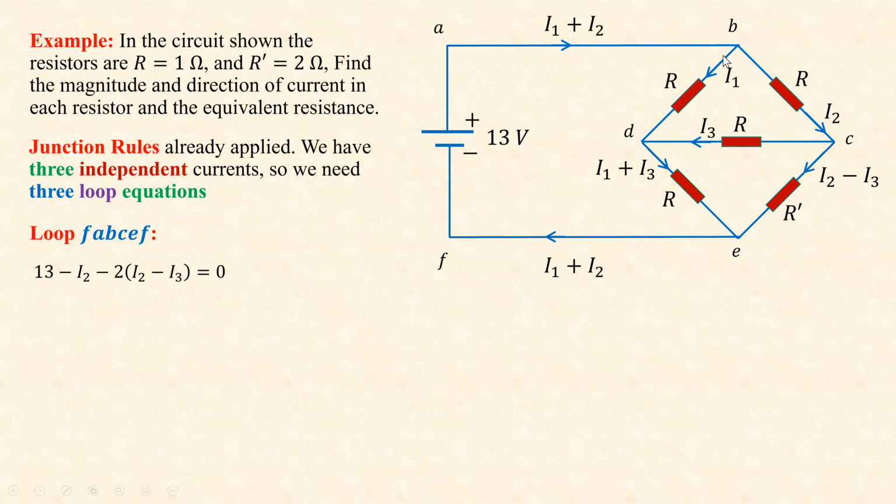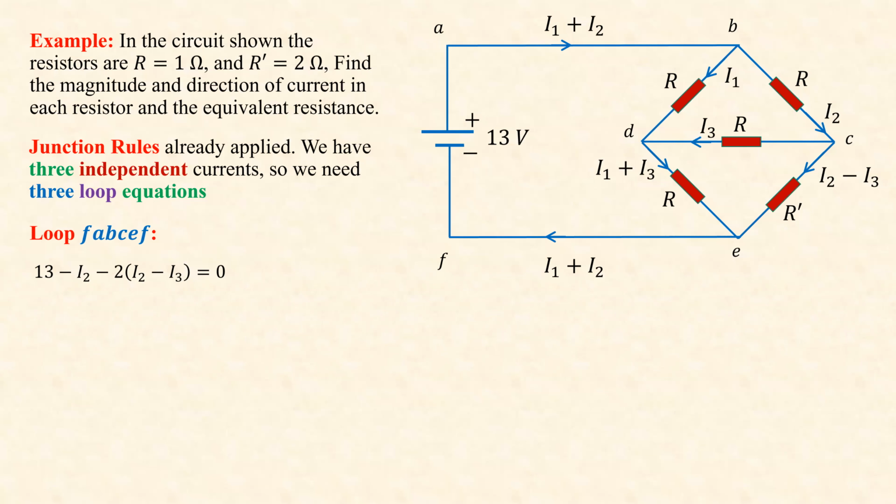So 13 minus I2, and then minus 3 times 2, and we are back to where we started. So that's why we write 13 minus I2 minus 2, the R prime, times the current through it, equal to 0.